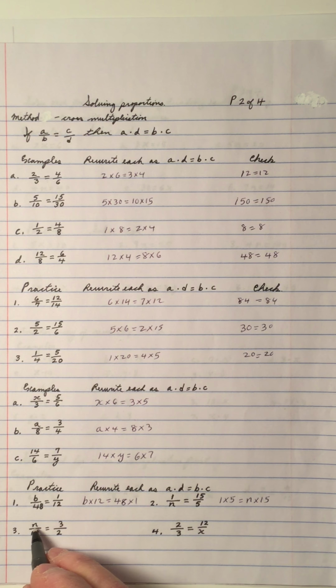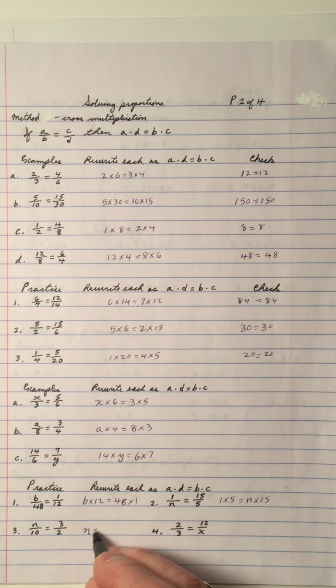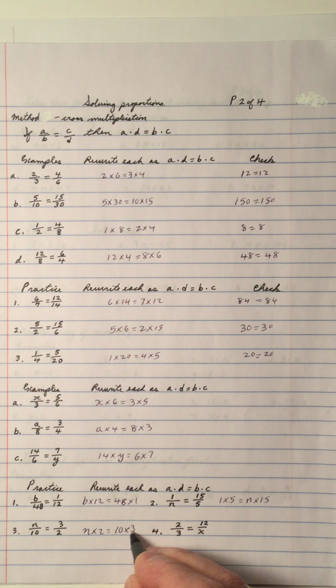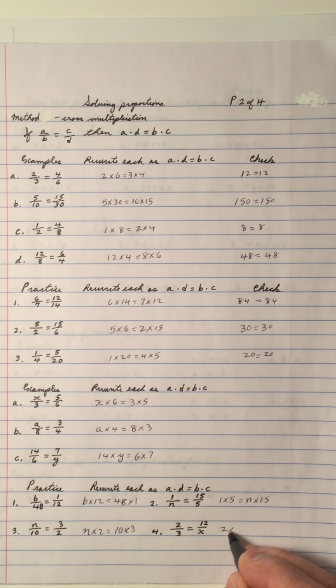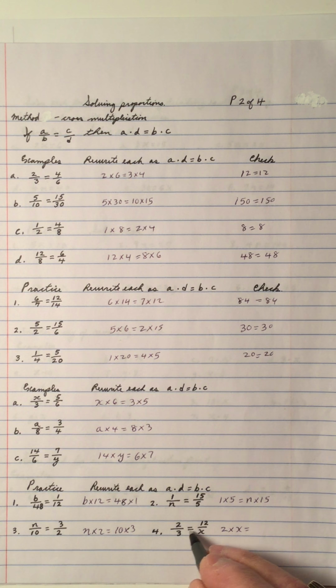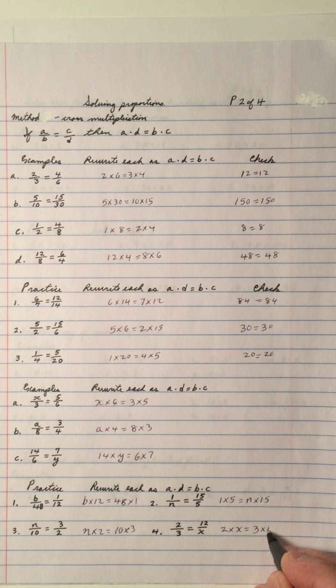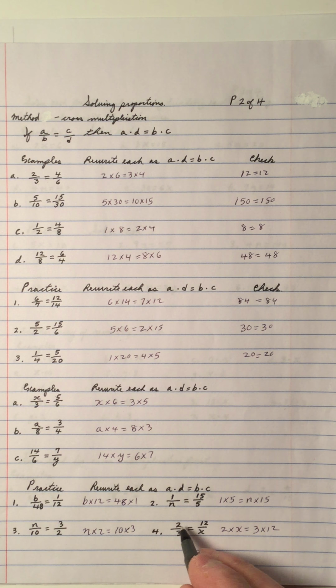Number 3, n times 2 equals 10 times 3. Number 4, 2 times x equals 3 times 12. Notice again you're cross multiplying.